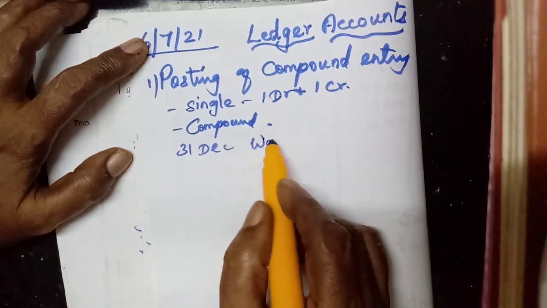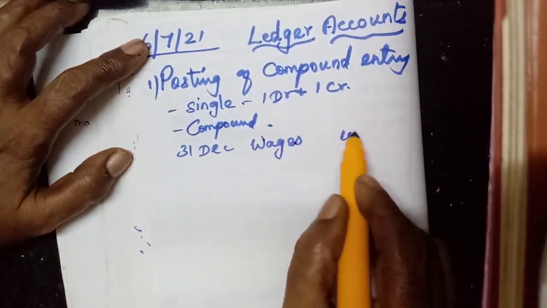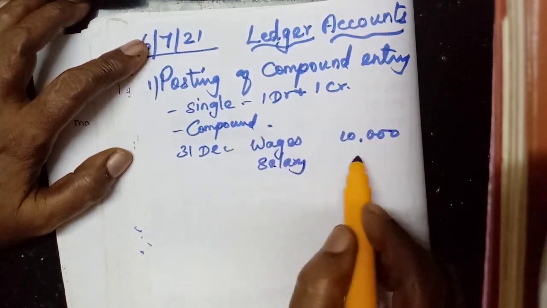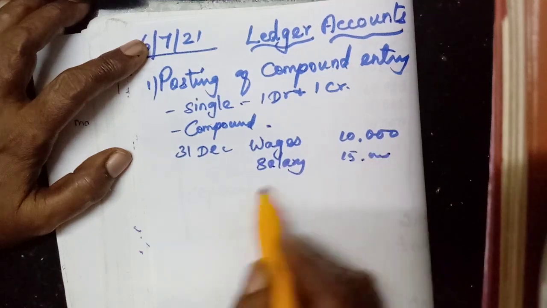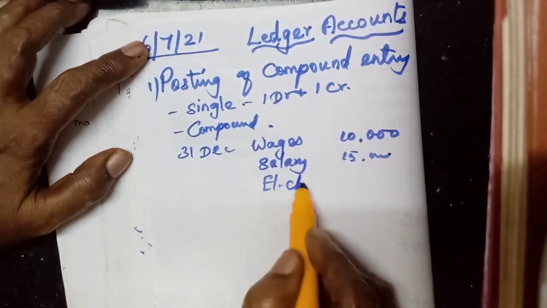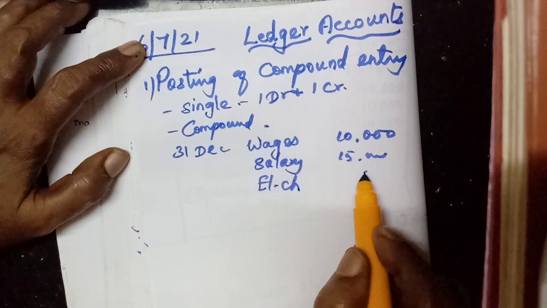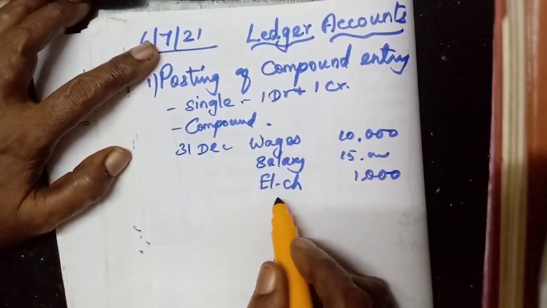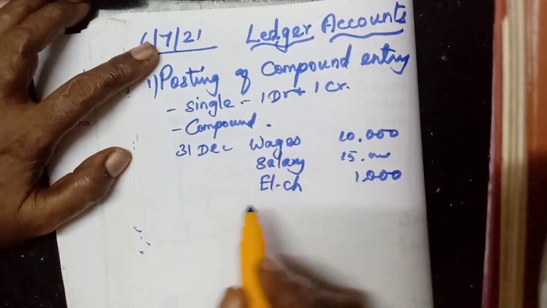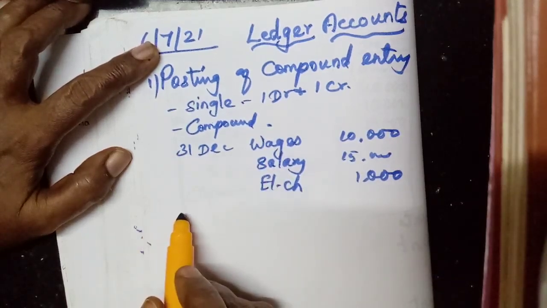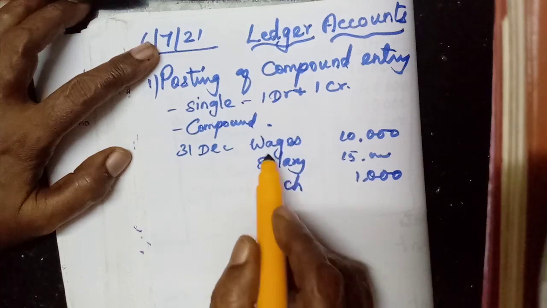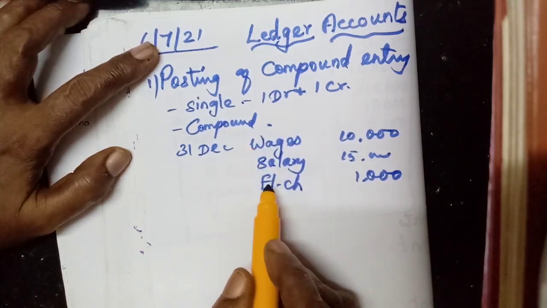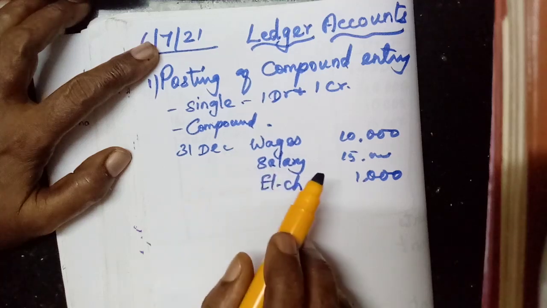We are paying wages 10,000, then salary 15,000, then electricity charges 1,000. So now three expenses the same day we are paying. Here all are of the same nature, and all expenses we are paying using cash.